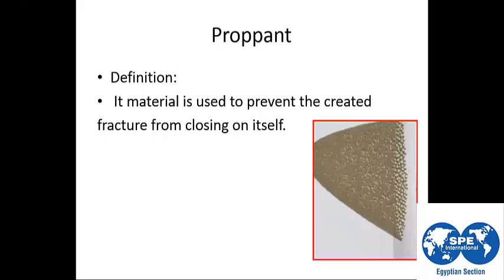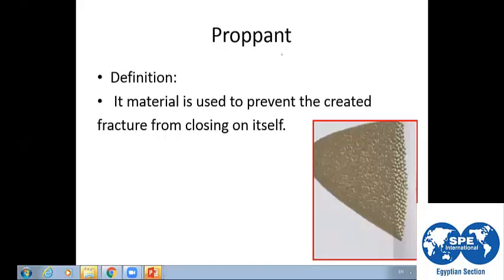It should have high permeability. High permeability is granted by good sorting. What does good sorting mean? Good sorting means that we have a close range of particle size. If we have this good sorting, we will have good permeability for the fracture.